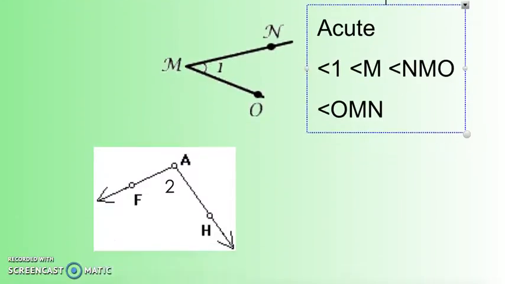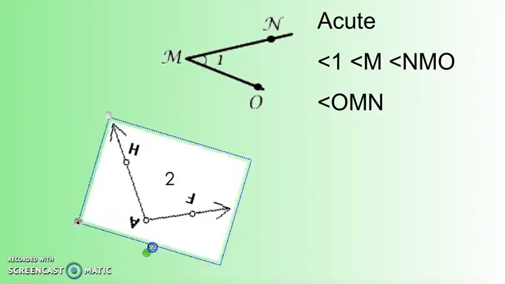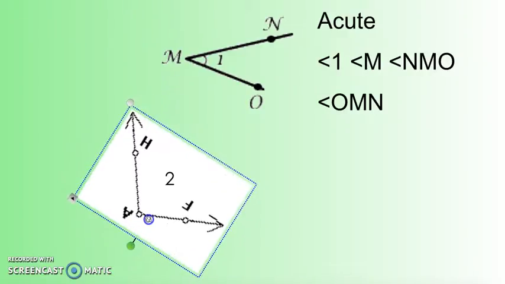How about this one? First of all, is this angle greater than 90? Well, if you take a look at it, 90 degrees would be a straight line, straight up and down, and almost perpendicular. Well, it is perpendicular to this other line, but this one is a little bit greater than that.